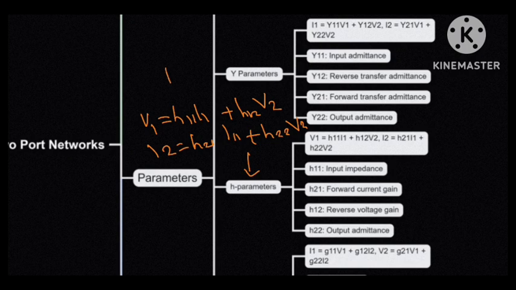So H11 is known as the input impedance, H21 is known as the forward current gain, H12 is known as the reverse voltage gain, and H22 is known as the output admittance. So this is the formula of the H parameter.